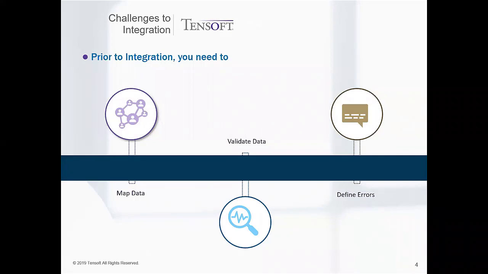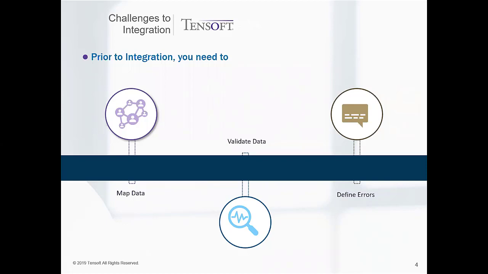So while the APIs make integration easier, the remaining challenges for the integration become doing a data map for each system's API, so we know what language one system speaks and what language the other speaks. We need to move the data across and convert it from one to the other.